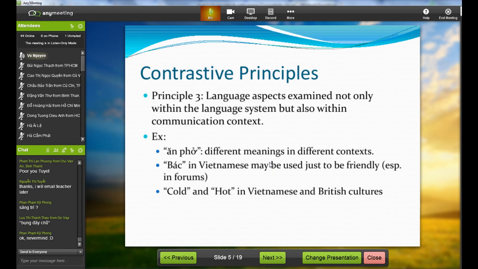So you see, there are actually interesting aspects in cultures that we need to pay attention to in our analysis.